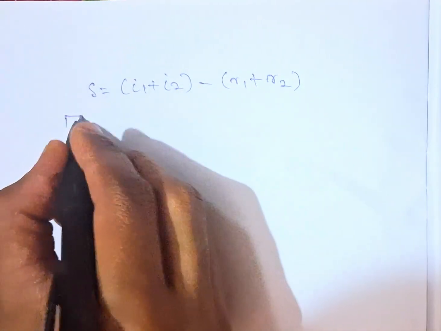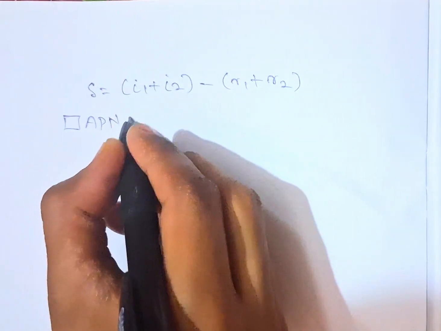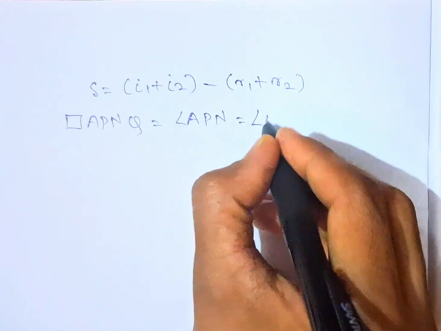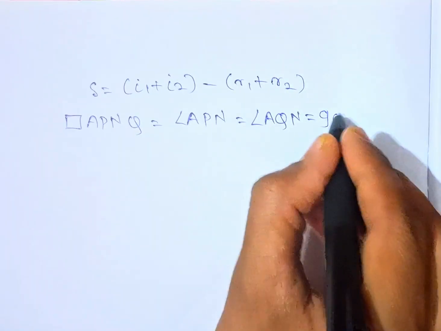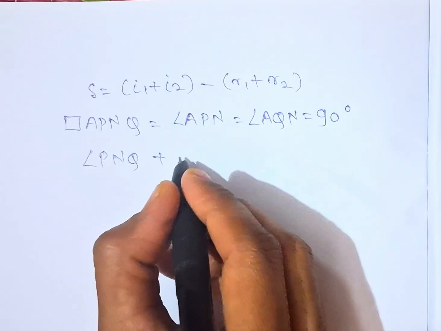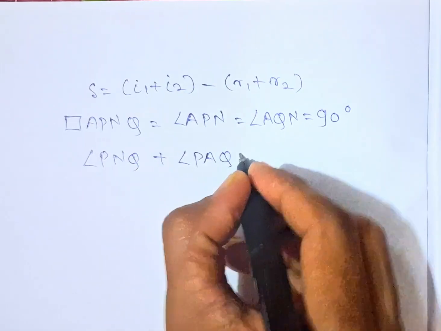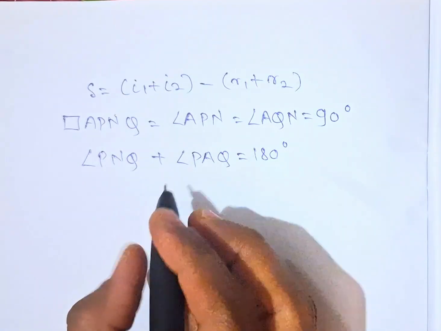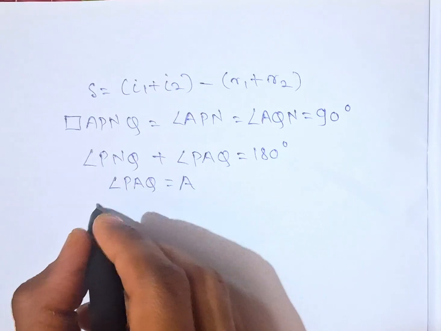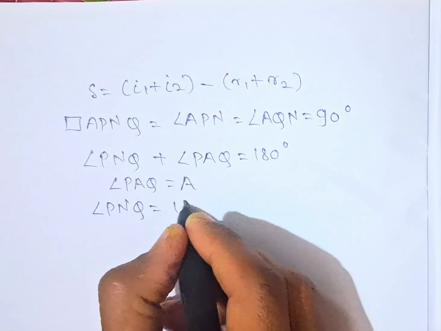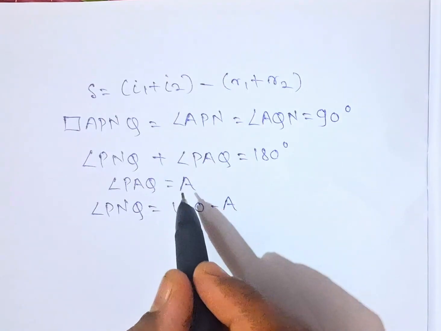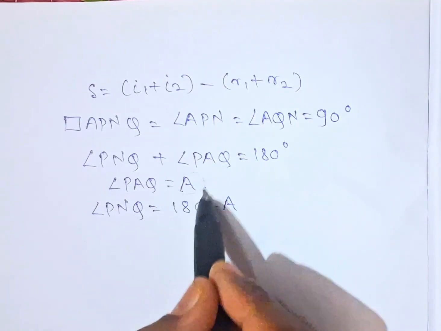Now we know in quadrilateral APNQ, angle APN is equal to angle AQN, both are 90 degrees. So angle PNQ plus angle PAQ becomes 180 degrees, as angle PAQ is A, which is our angle of prism.